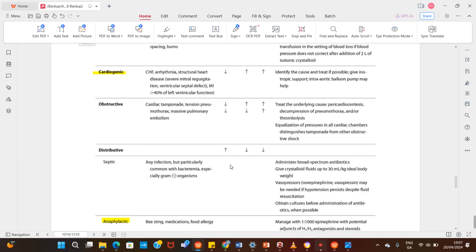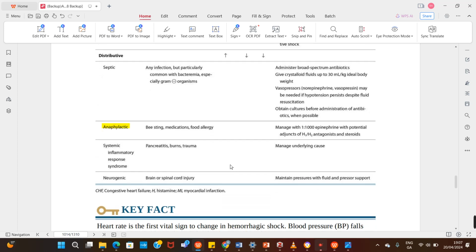So people with septic shock tend to have massive hypotension because of a drop in the systemic vascular resistance, and you might need to give vasopressor to increase the blood pressure. So you need to give your antibiotics, but you need to obtain your blood cultures fast before giving your antibiotics.